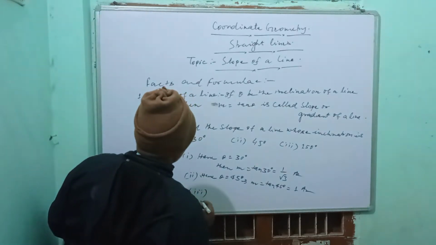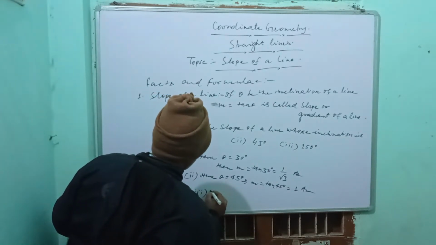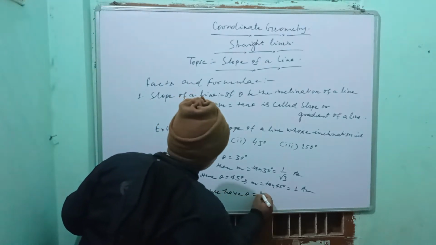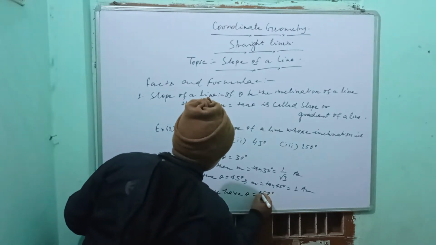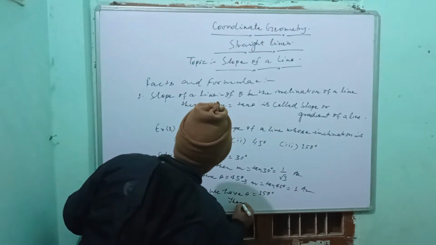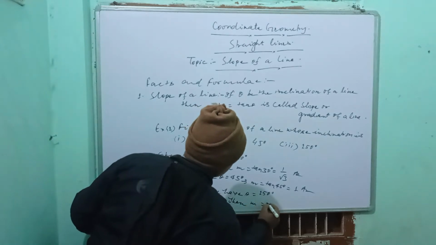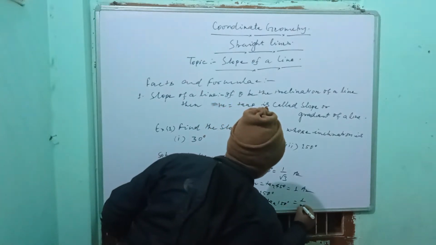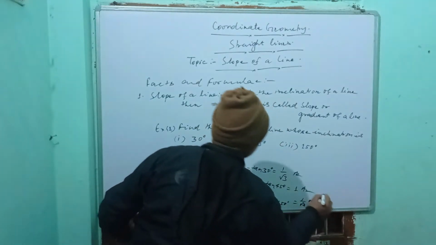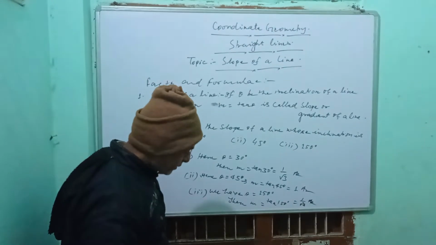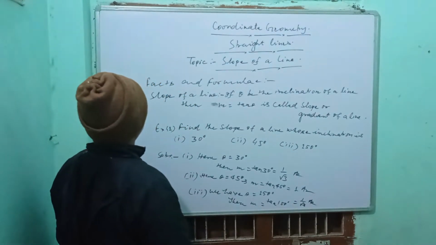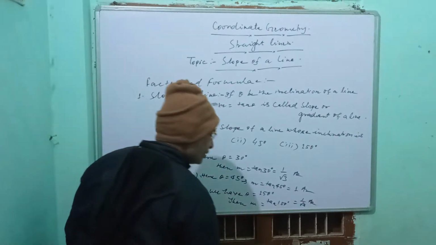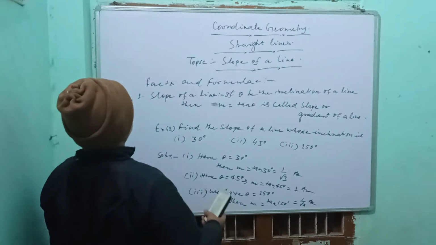In the third question, we have theta is equal to 150 degree, then m is equal to tan 150 degree, which is equal to 1 by √3. Like this, we understand the slope of a line and how can we calculate the value of slope of a line.